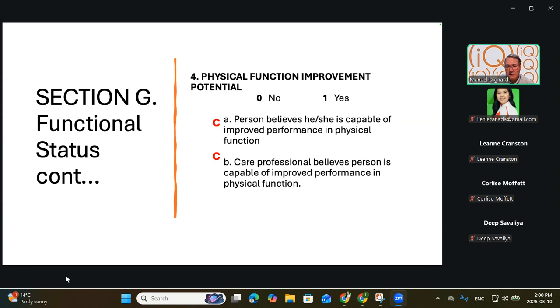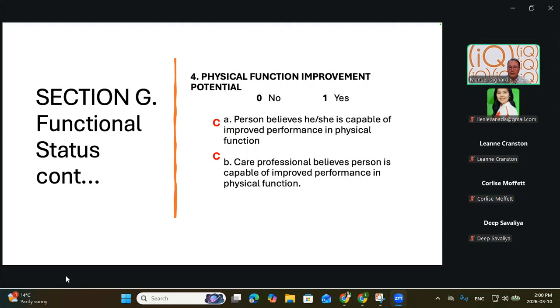This might mean walking further, showering alone, using fewer mobility aids. Even if their belief seems unrealistic to us, we are still going to capture it. Why? Because hope and motivation matter. They influence engagement in restorative care.